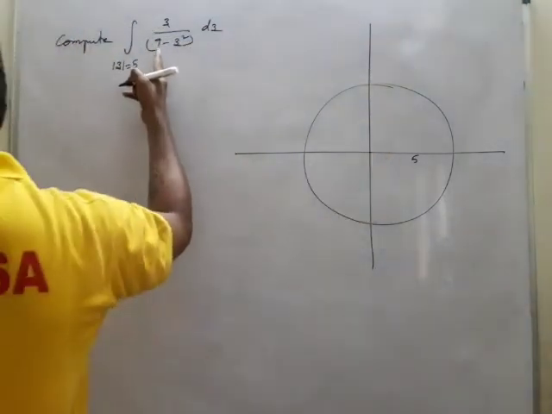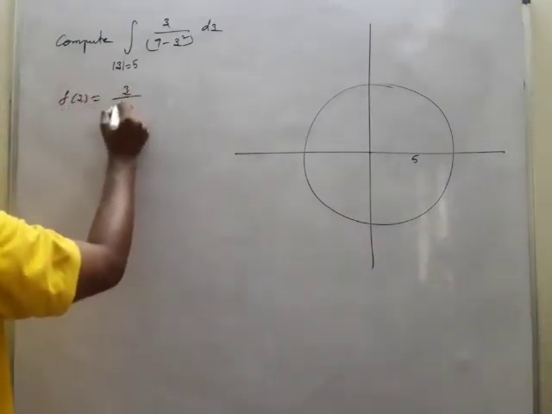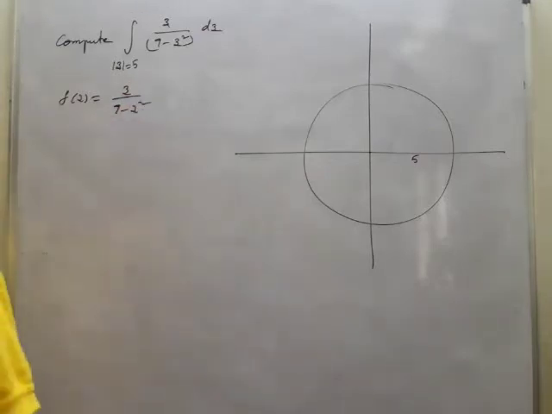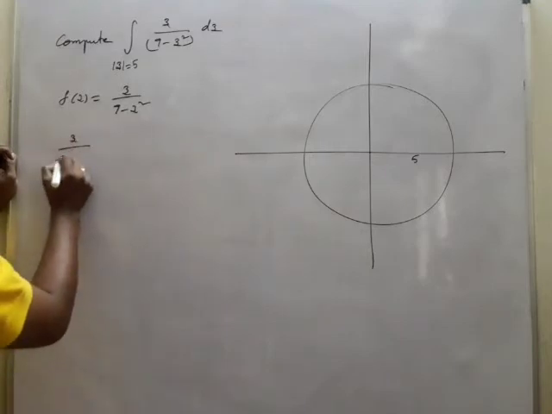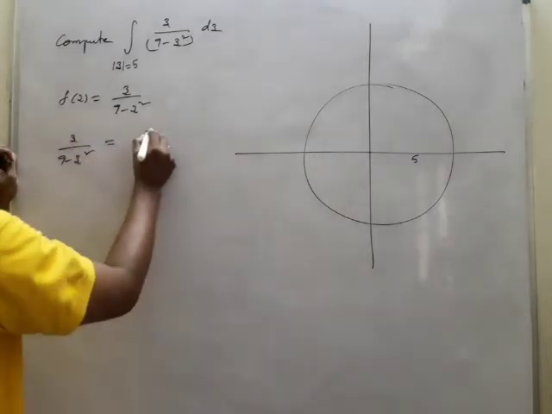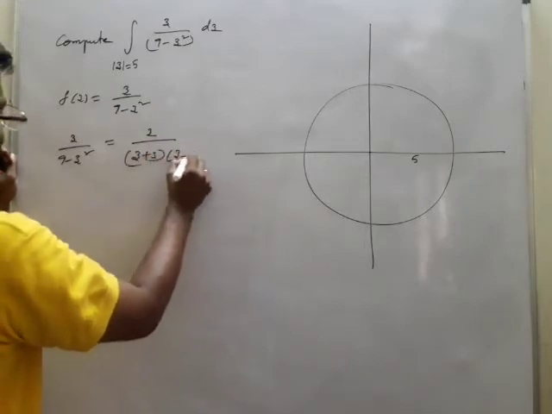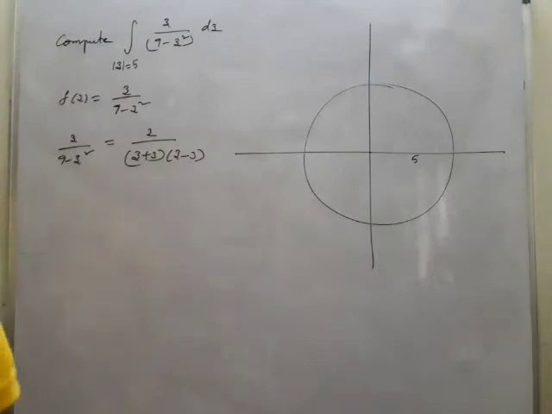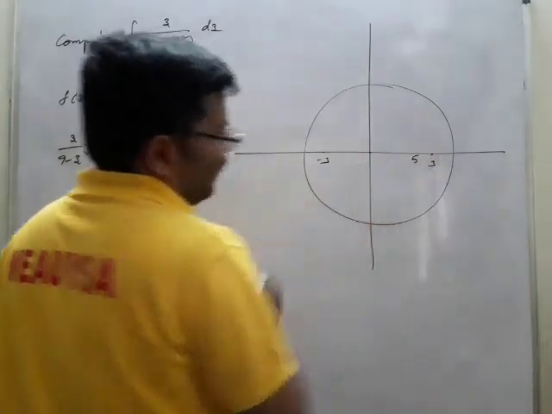So f of z is equal to z by 9 minus z square, which can be written as z by z plus 3 and z minus 3. Z plus 3 and z minus 3, such that both minus 3 and 3 lie inside.